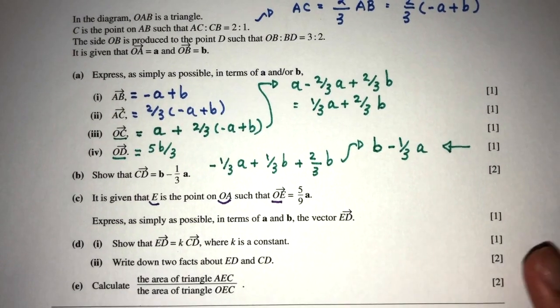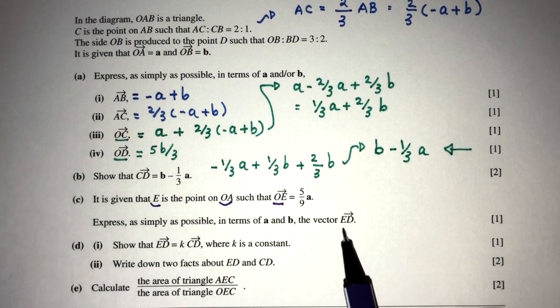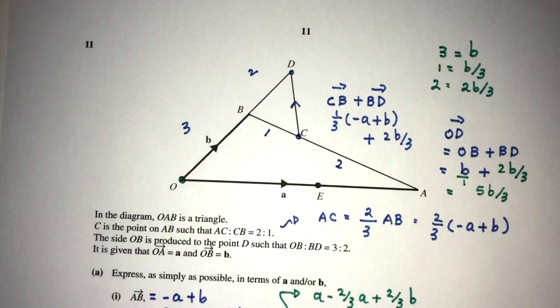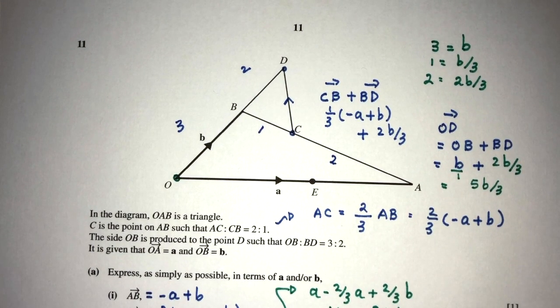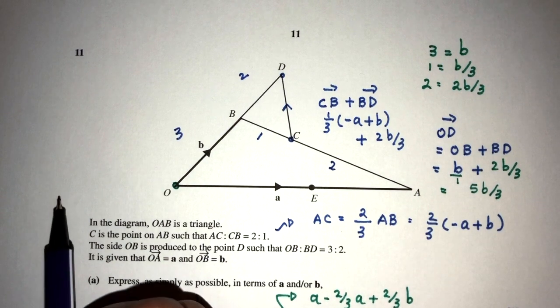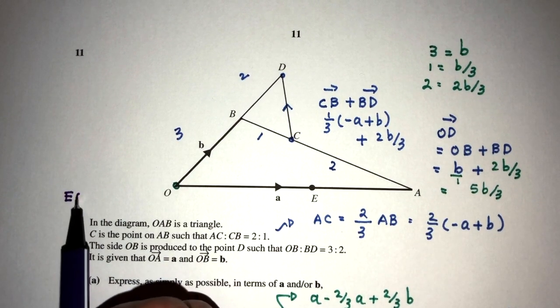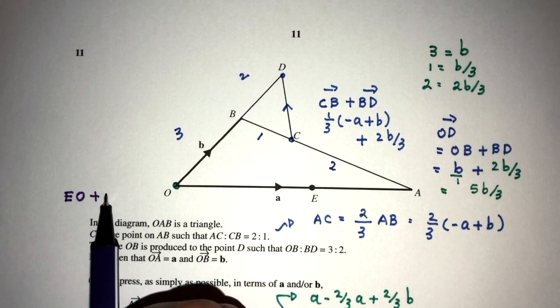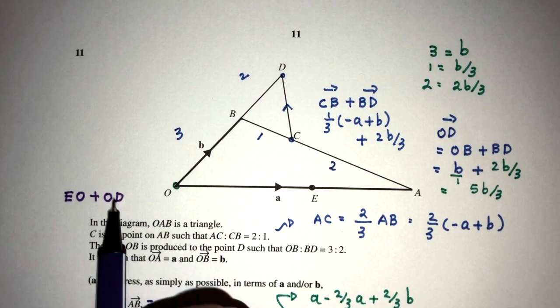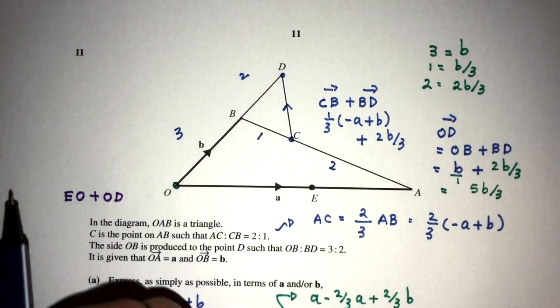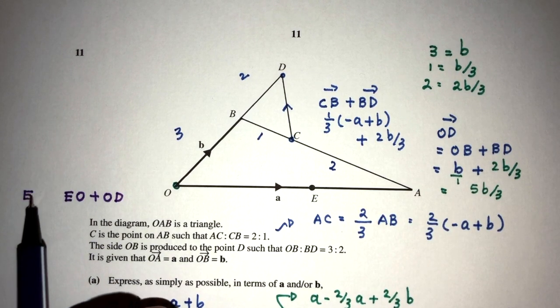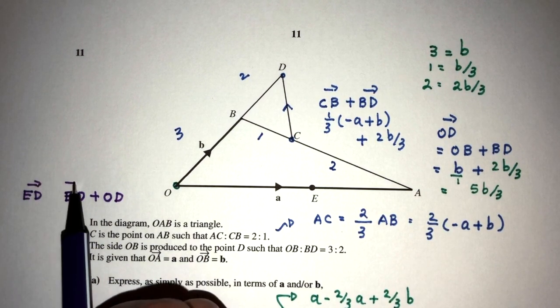Now express as simply as possible the vector ED, from E going to D. How can you go from E to D? As always, step by step. From E, I can first go to O, and from O, I can go to D. So E to O to D. This is how you can find ED, in this direction.